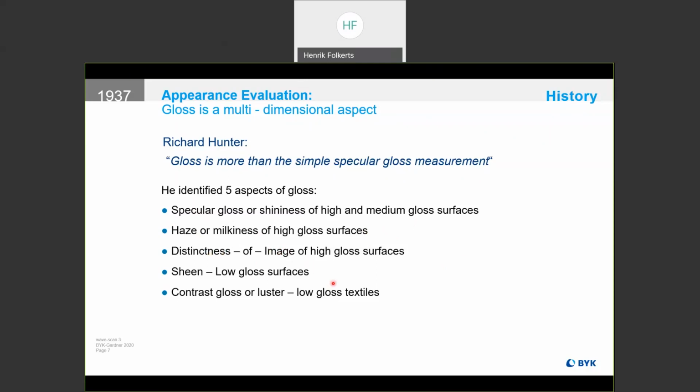And looking at the low gloss surfaces, he found an effect which is called sheen. So when you look very flat on a surface, you get that it starts to get an amount of glossiness again. And for low gloss textiles, he found what many people know under luster or contrast gloss.